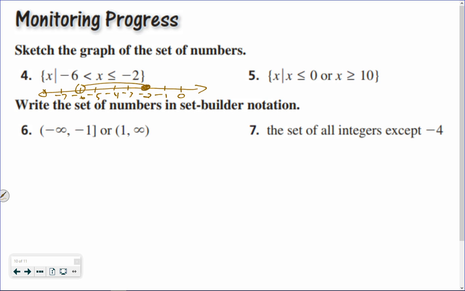Okay, you got an OR. So 0, we'll start there. We're just going to go by 2s. You guys are okay with that? Closed dot there, going that way. Closed dot on 10, going that way.